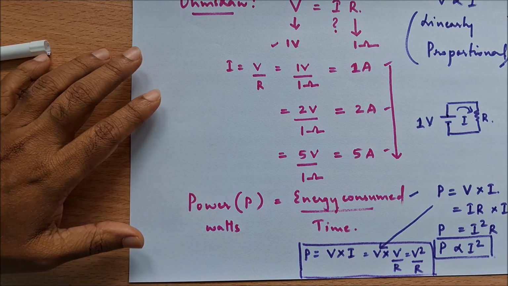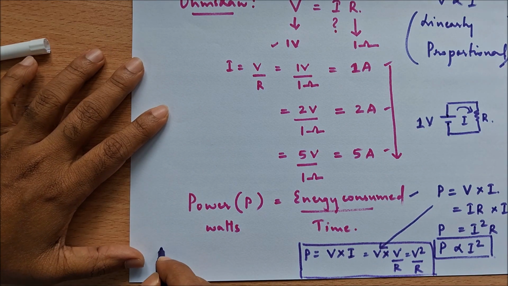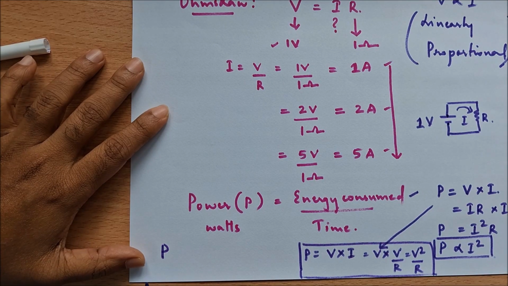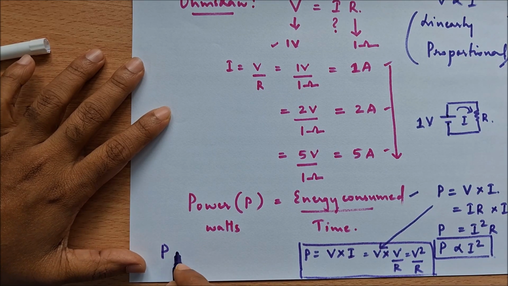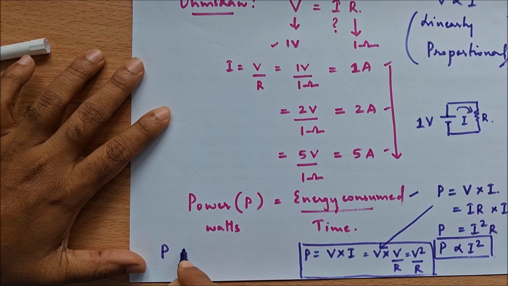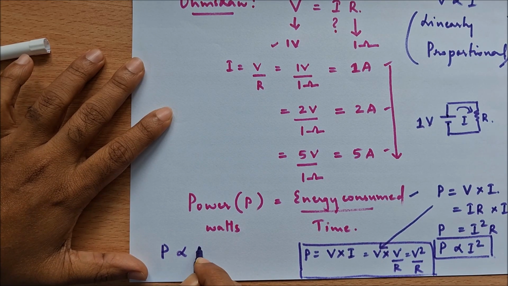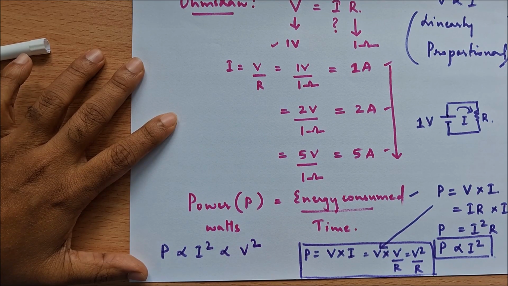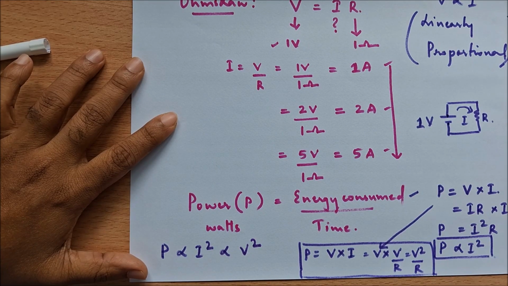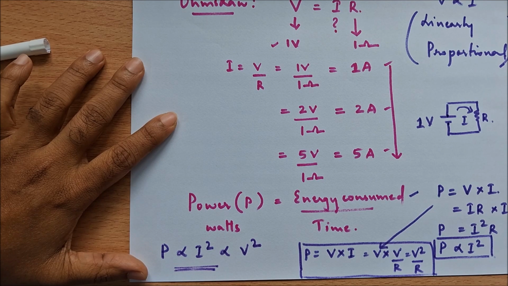Overall, that means the power consumed can be written as directly proportional to I square, and directly proportional to V square, provided the resistance is held constant.